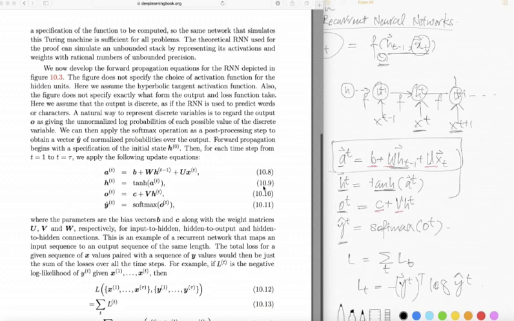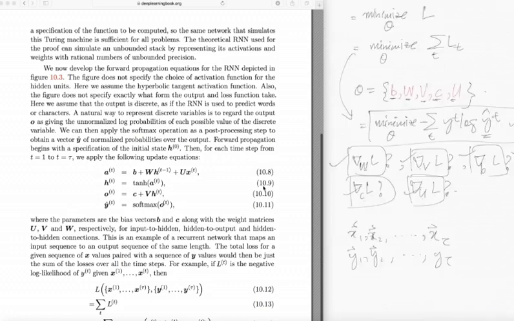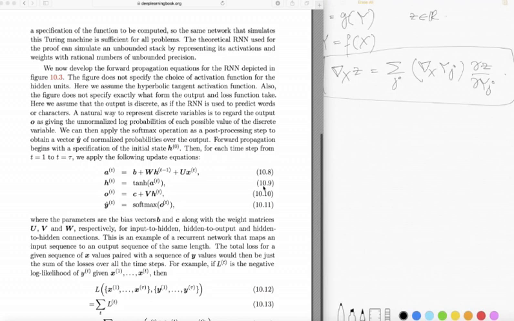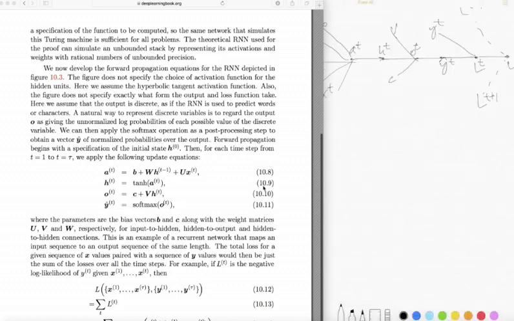A_t equals b plus W h_{t-1} plus U x_t. And if I rewrite this same equation at time t plus 1, it becomes b plus W h_t plus U x_{t+1}.